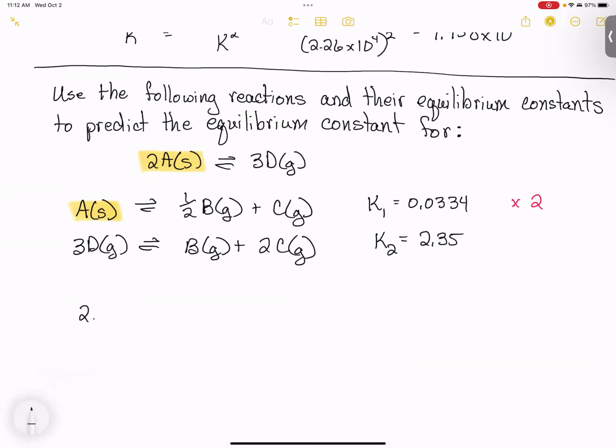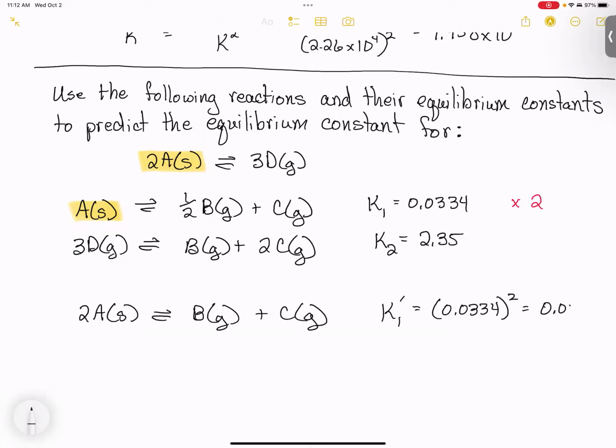So that would give me 2A solid goes to form B gas plus C gas. And the K1 prime is going to equal 0.0334 squared, or 0.00111.